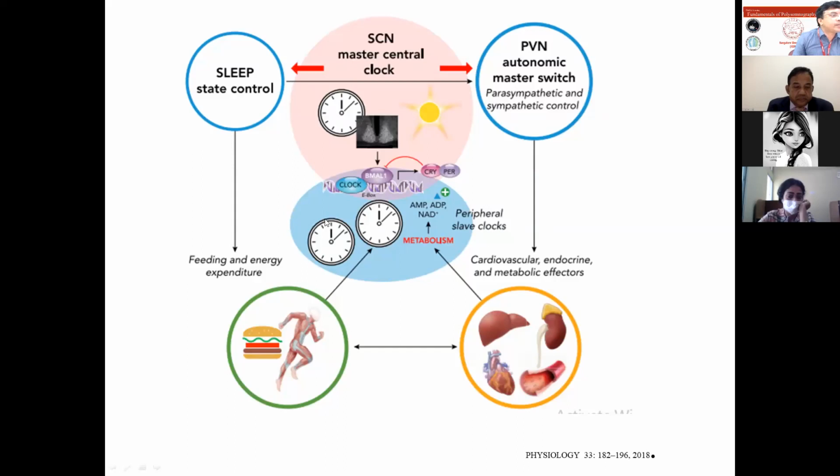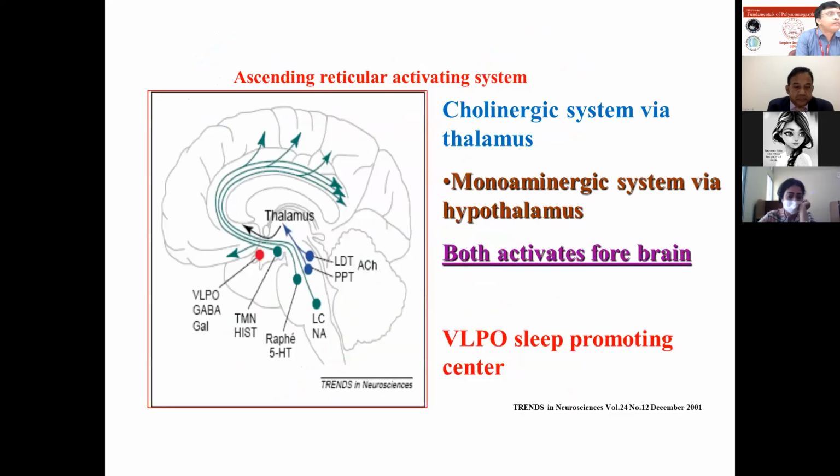It helps in the expression of various proteins for the maintenance of cellular health, and it is also involved in various behaviors, including food intake and exercise. So both the circadian as well as the homeostatic pressure play a very important role.